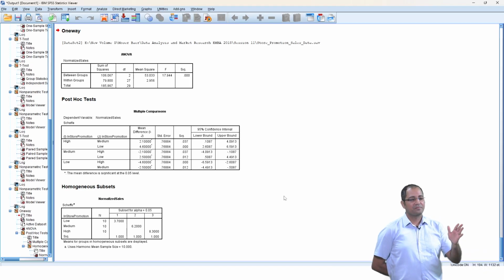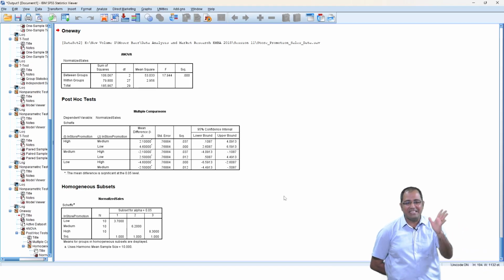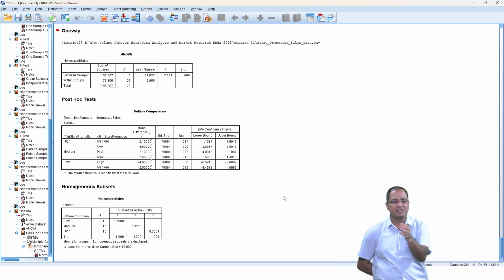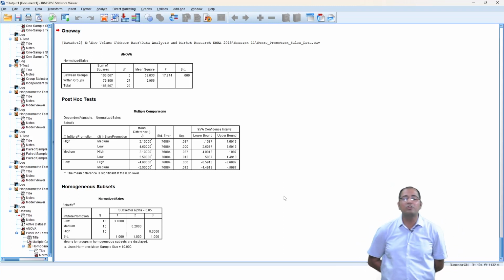What is the null hypothesis? That across these three different groups, there is no difference in the variance for sales. Across these three in-store promotions, the variance in the sales that they help achieve do not differ.